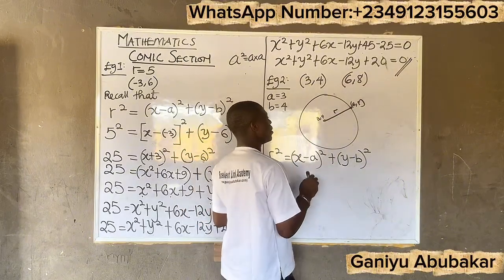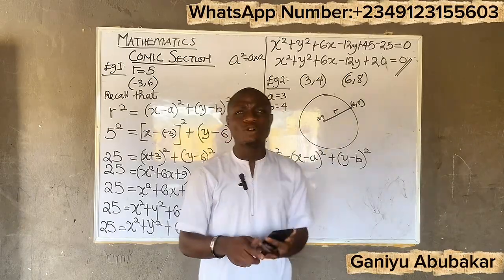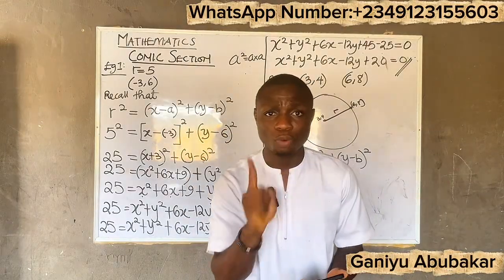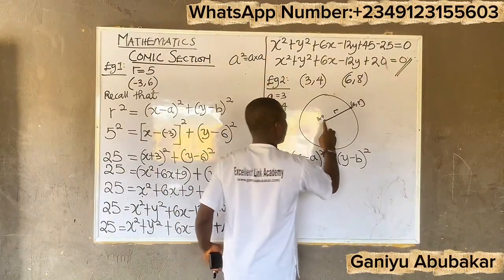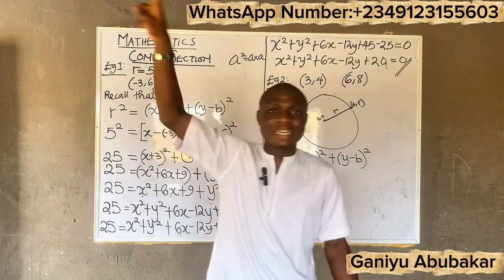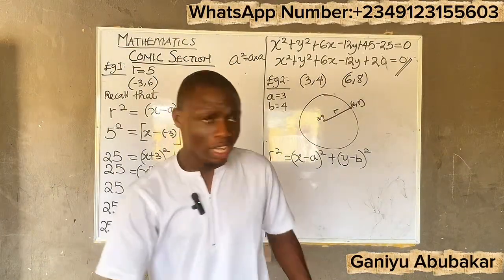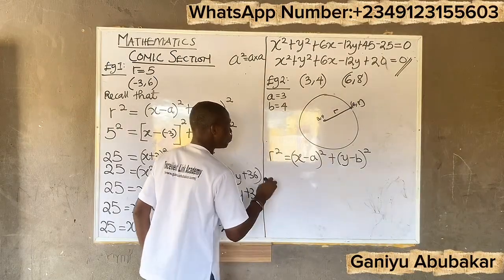Now observe this please. To get the value of the radius, I'm going to apply the idea of distance between 2 points. I want to know the value from here to here. This is more like the idea we discussed last class, which is called distance between 2 points.